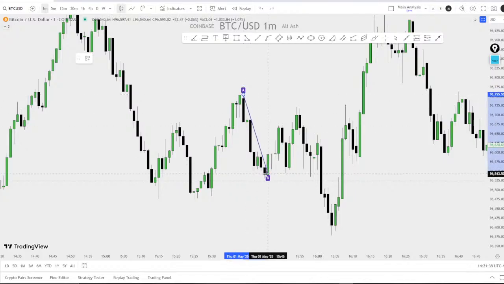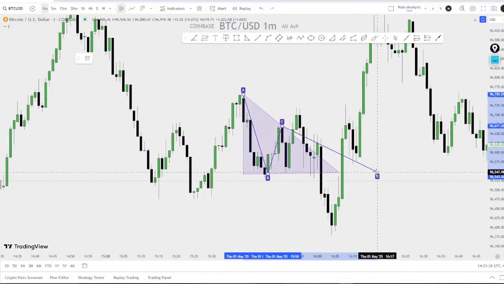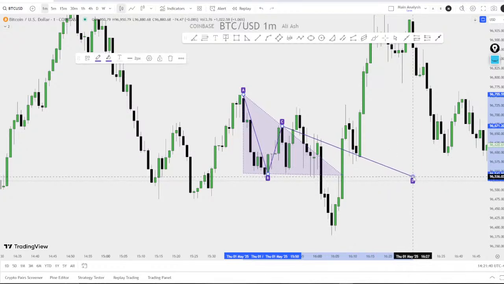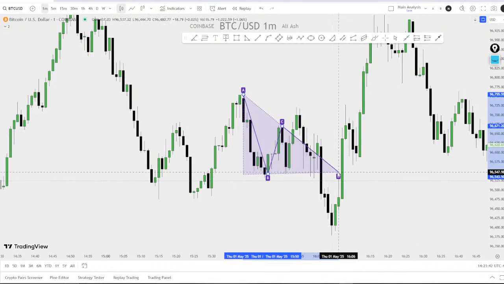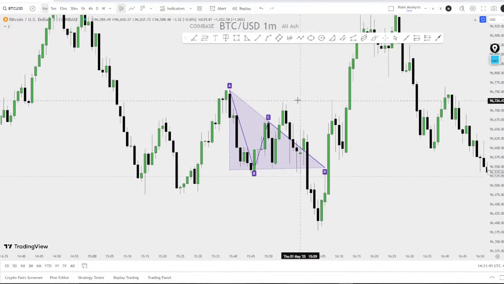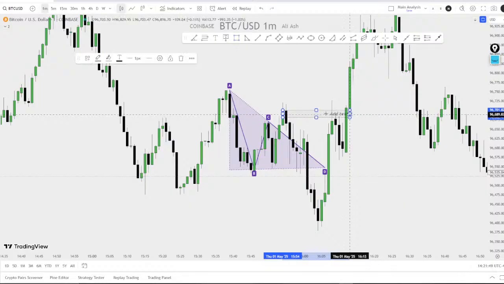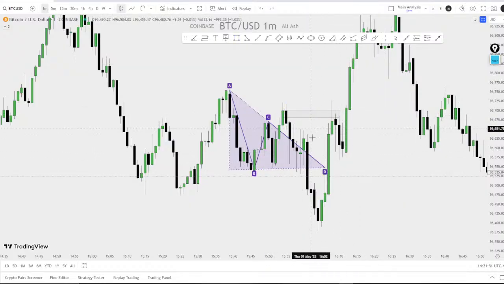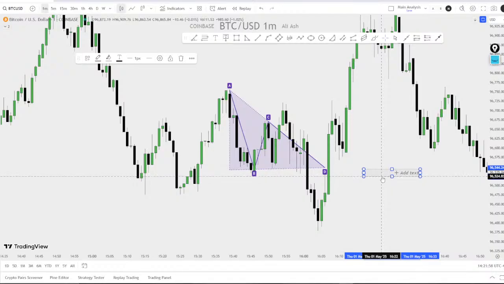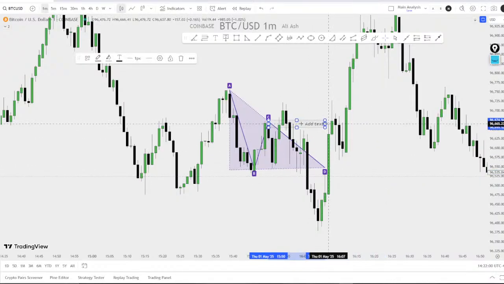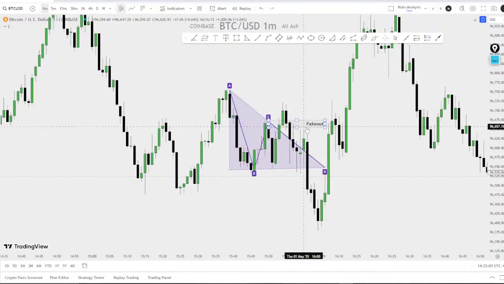So yeah, the market is coming from here. So again, this was the fake out. Sorry, yeah, this was the fake out. Then this can be a fake out.